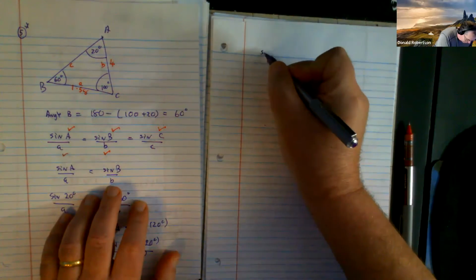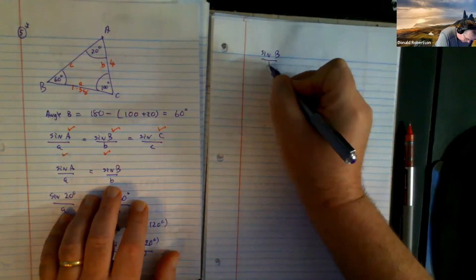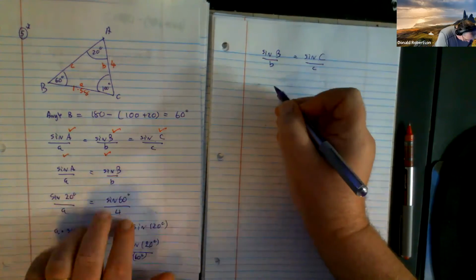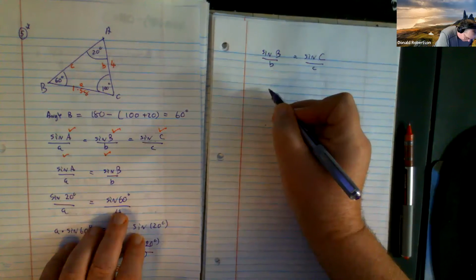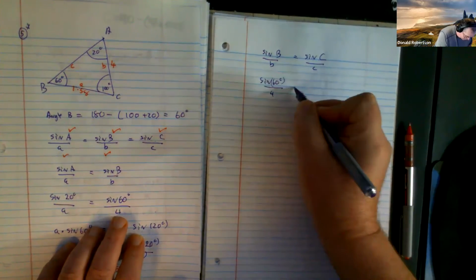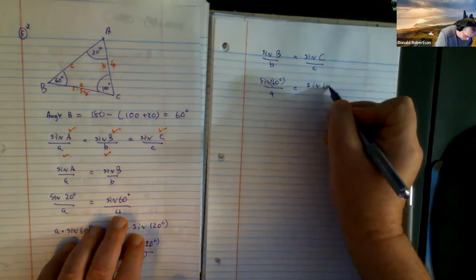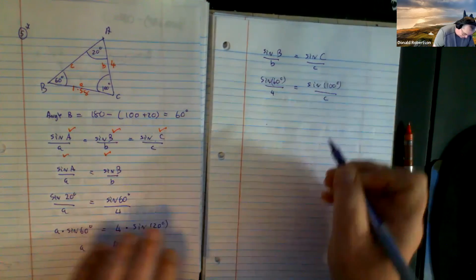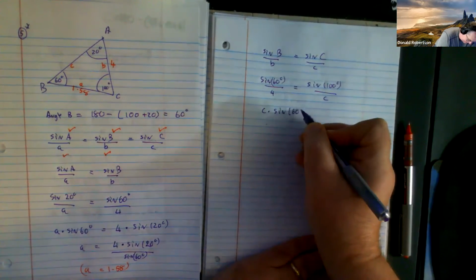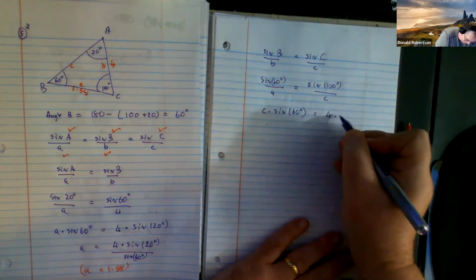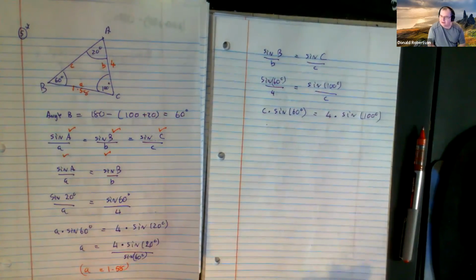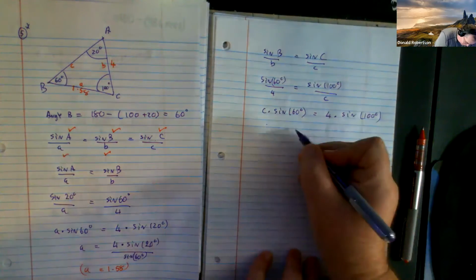So sine of B over little b, sine of angle C over little c. It's going to be sine 60 degrees over 4 is the sine of 100 degrees over c. Cross multiply. Isn't it becoming quite mechanical now? Aren't I kind of doing the same thing over and over again, just with different numbers?